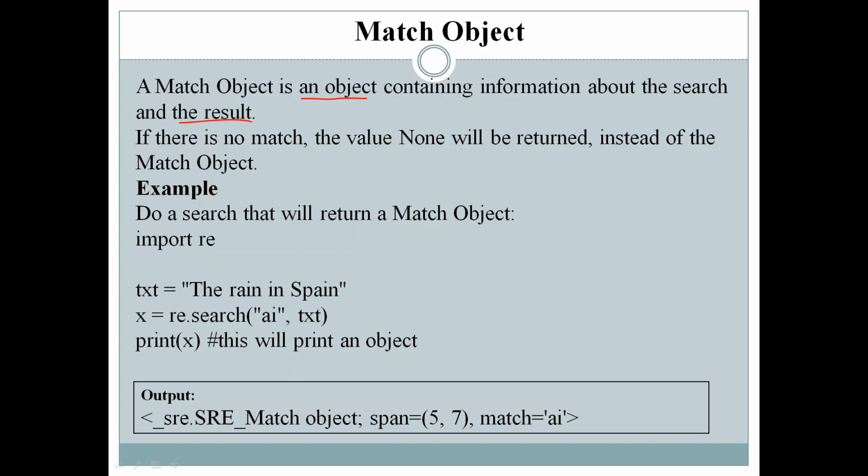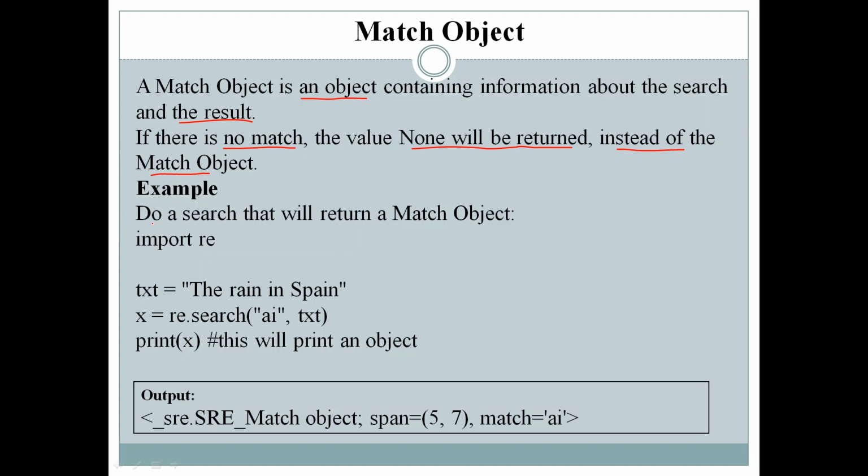So what is this match object? If there is no match, the value None will be returned. As we know about the search function, it returns None if there is no match, instead of a match object.